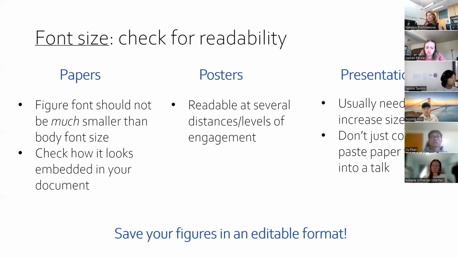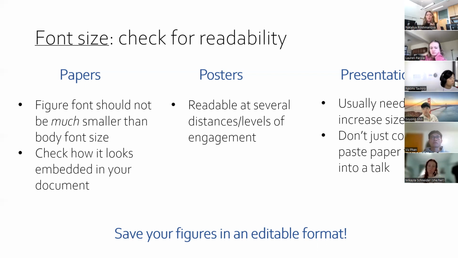At the bottom, I have a tip, which is save your figures in an editable format. Editable, not edible, editable format. The last thing you want to do is to have saved your image as a PNG and then realize later that you want to have a bigger font size. And then you're going to have to do some weird photoshopping where you're overlaying a new text box over your old text box, making it bigger. Just save it as an editable file.